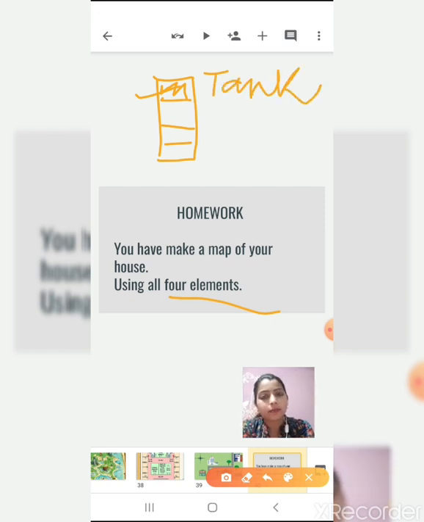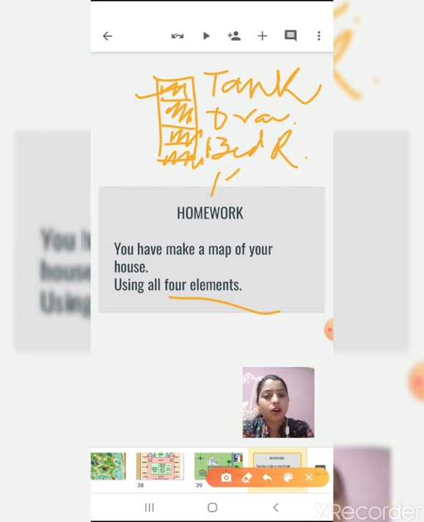For example, this yellow color you are taking for drawing room. Alright, this green color you are taking for bedroom. This white color you are taking for kitchen.